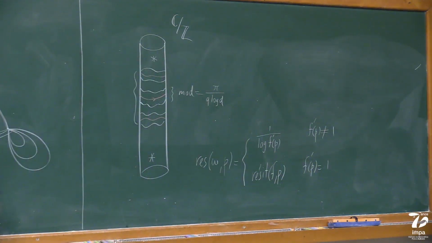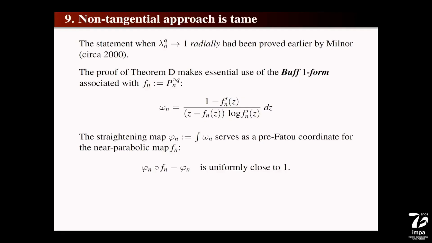And this is the main player in our proof. The idea goes back to work of Carsten on double parabolics, more than 10 years ago now, 20 years. The idea is that if you integrate the Buff form, you get a nice pre-Fatou coordinate for the near-parabolic map.